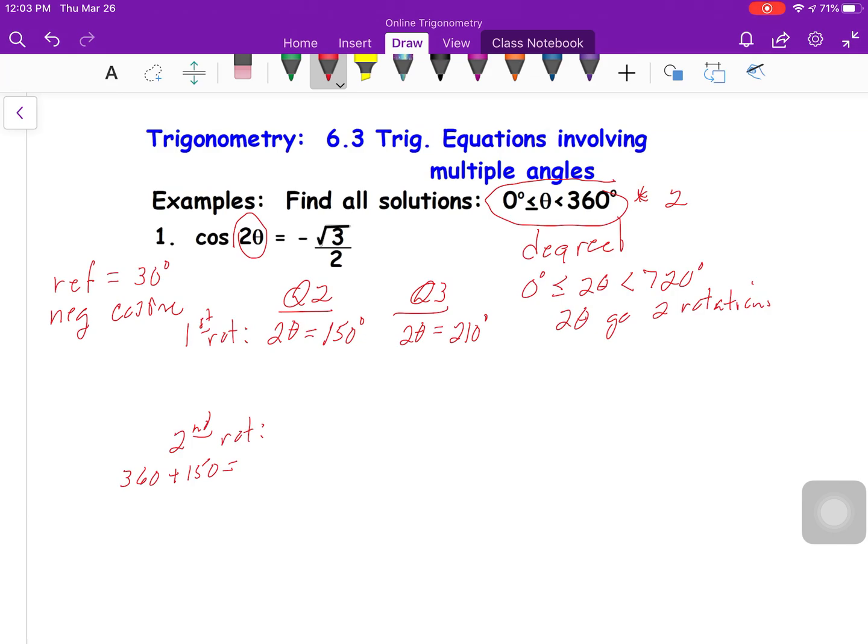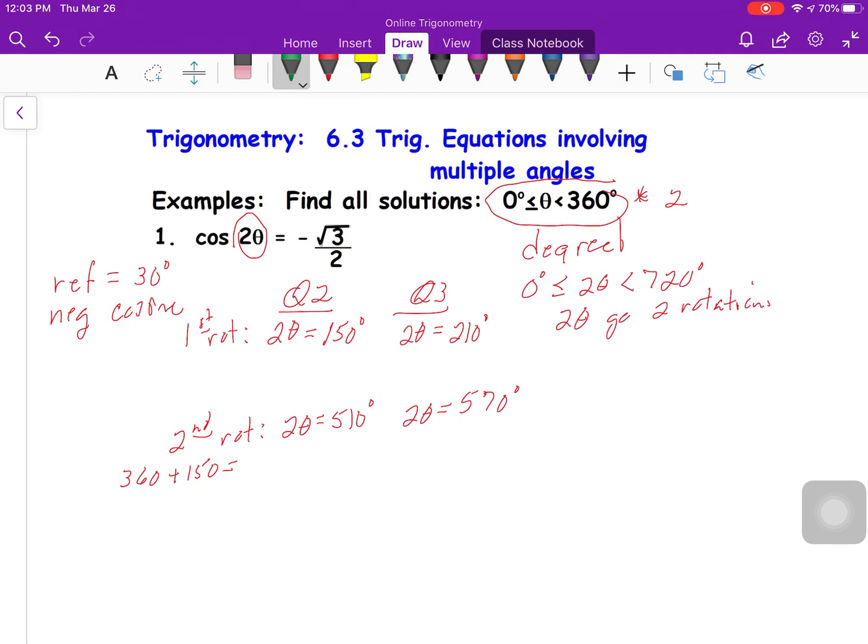So in quadrant 2, on the second rotation, the 2 theta will be equal to 510. If we do a similar thing in the third quadrant, we add 360 to the 210, we end up with 570. Now, none of this is finished yet because we actually need to solve for theta.